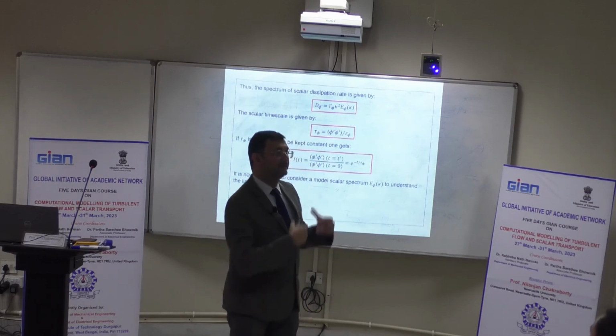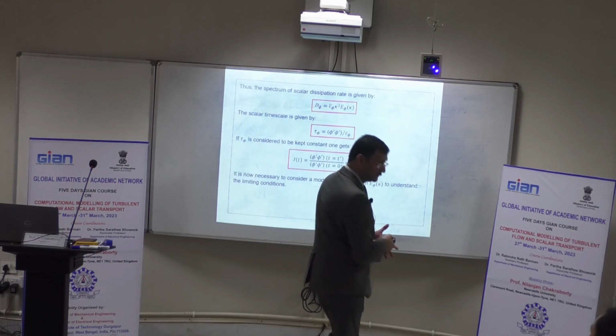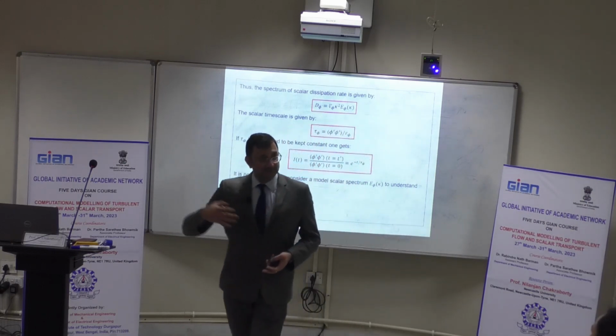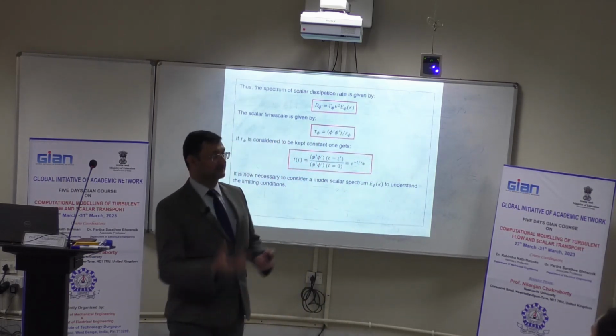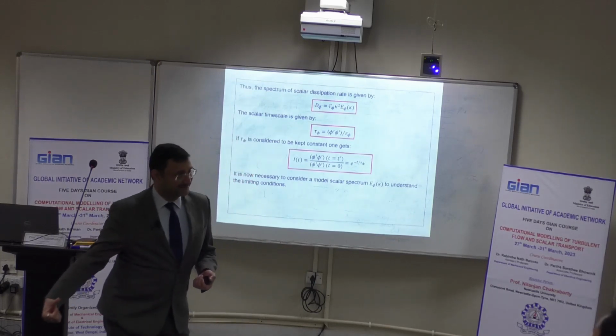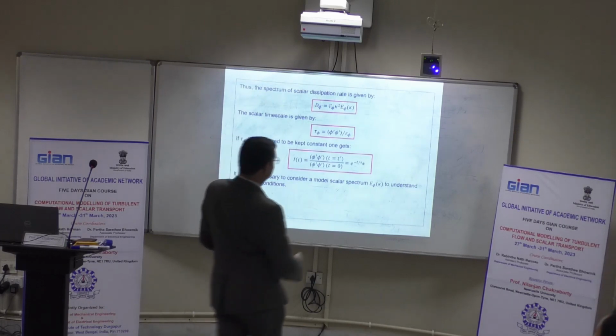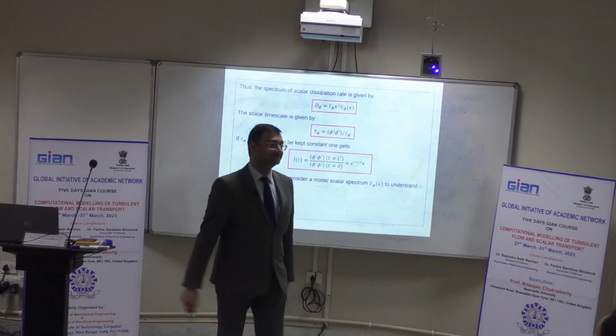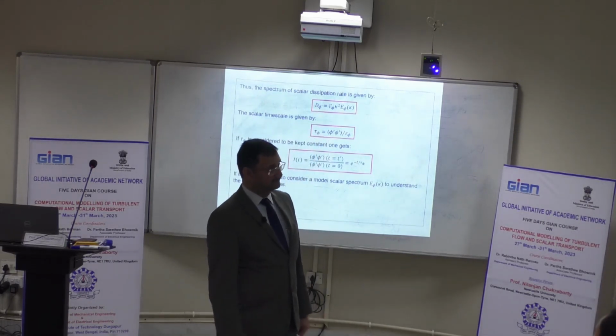Because if you consider homogeneous isotropic turbulence without any chemical reaction, there is no generation mechanism for scalar fluctuations. The only mechanism is the dissipation rate, and as a result, it's exponential. Clear?